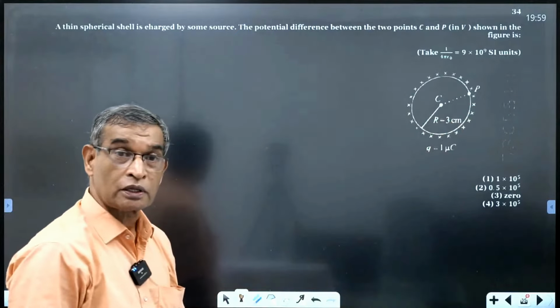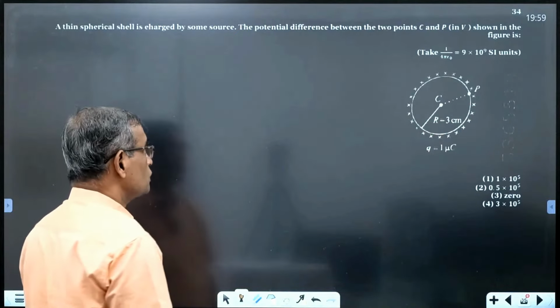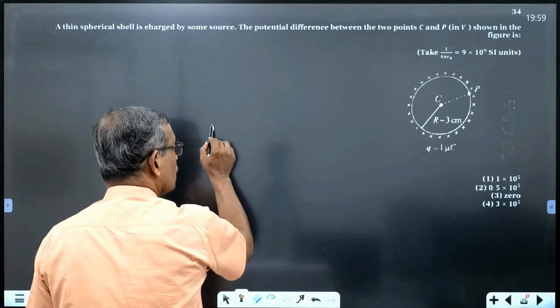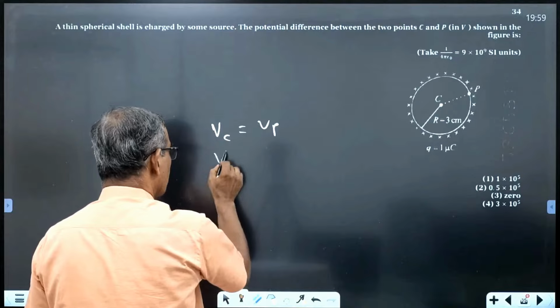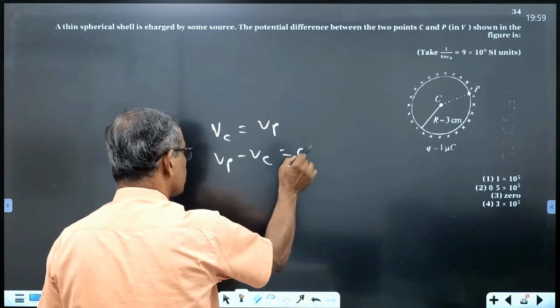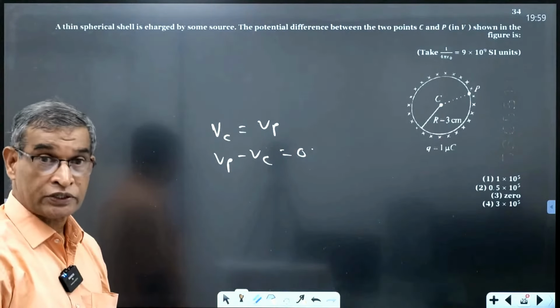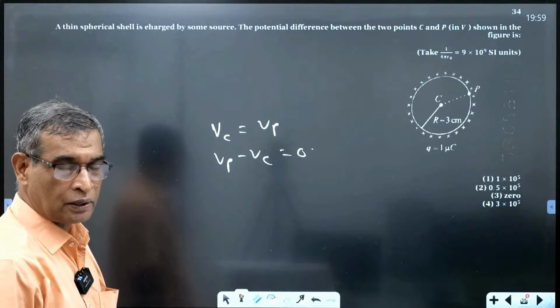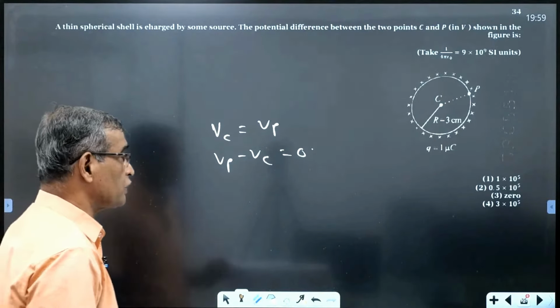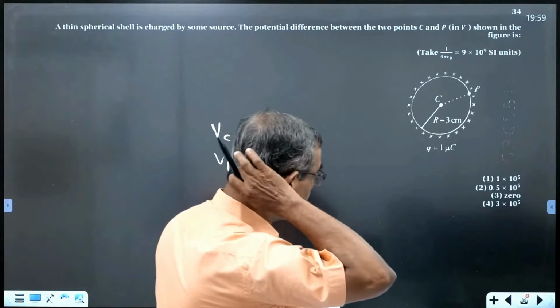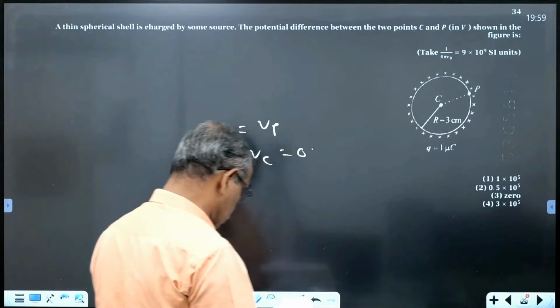So the potential difference is 0. So potential at C equals potential at P, where Vp minus Vc is equal to 0. Any point inside, need not be at the center, the potential is the same as on the surface. So the potential difference is 0, and hence the answer is 0. The option is C.